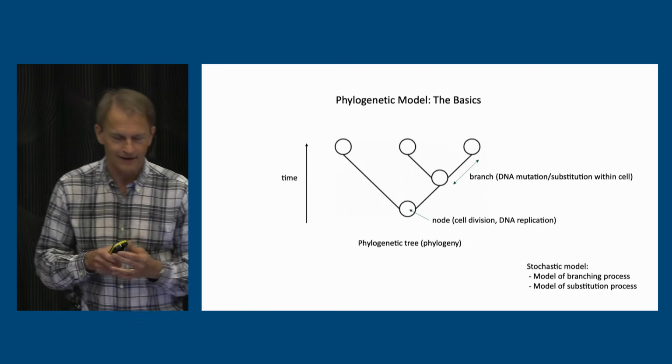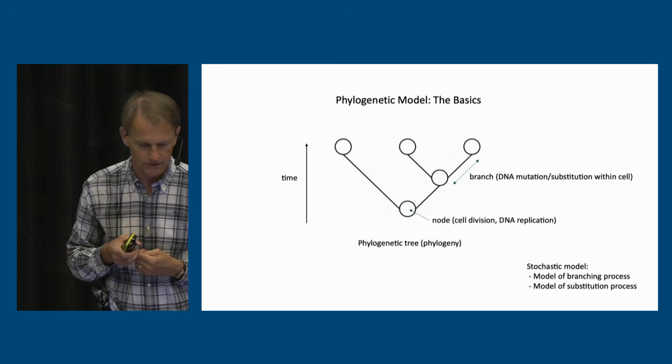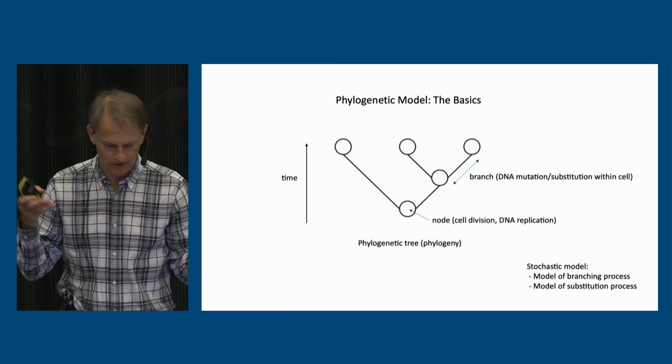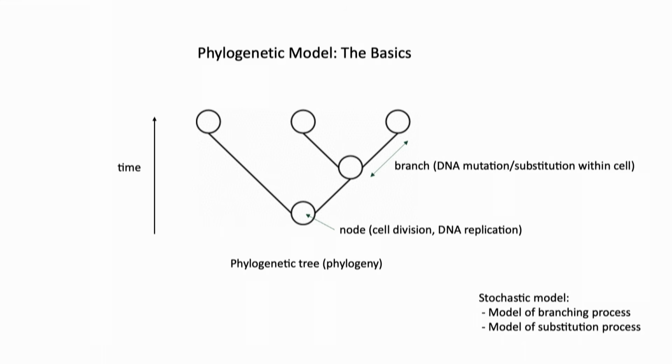So now you can imagine we can represent this as a tree diagram, which we call a phylogenetic tree or a phylogeny, where the nodes represent the cells just before they divide into daughter cells, and they represent the DNA replication, if you wish. And then the lines or the branches in this diagram represent what happens between those cell division events, where there can be some changes in the DNA in the form of mutations or substitutions.